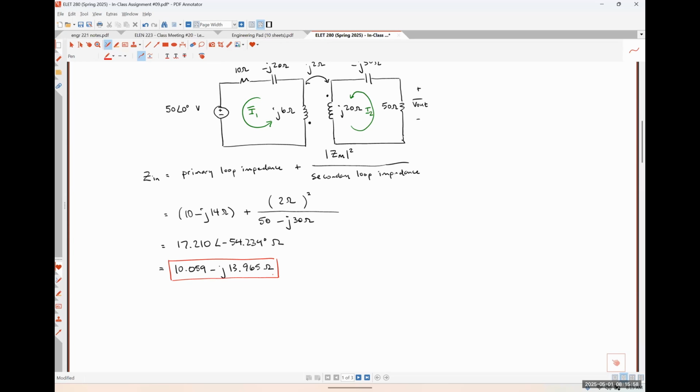So V out is going to be I2 times negative 50 ohms. And I'm saying negative 50 ohms because the current is flowing into the negative polarity terminal of that voltage. So in order to calculate that V out, we need to figure out what I2 is. Well, how do we figure out what I2 is?